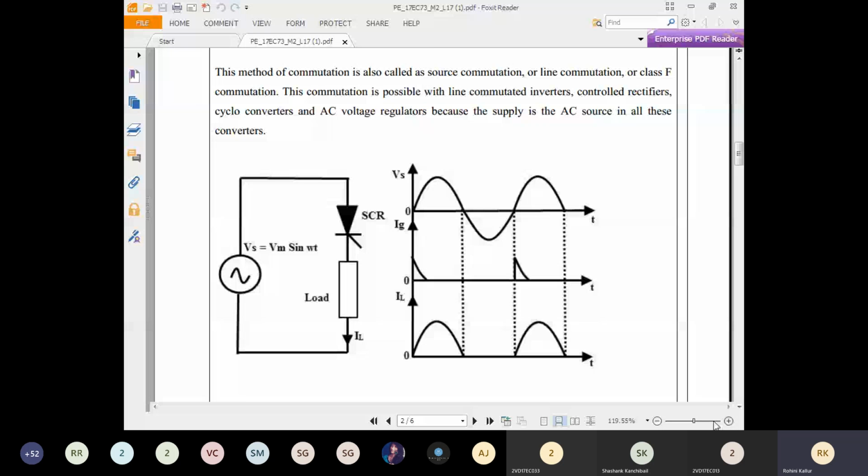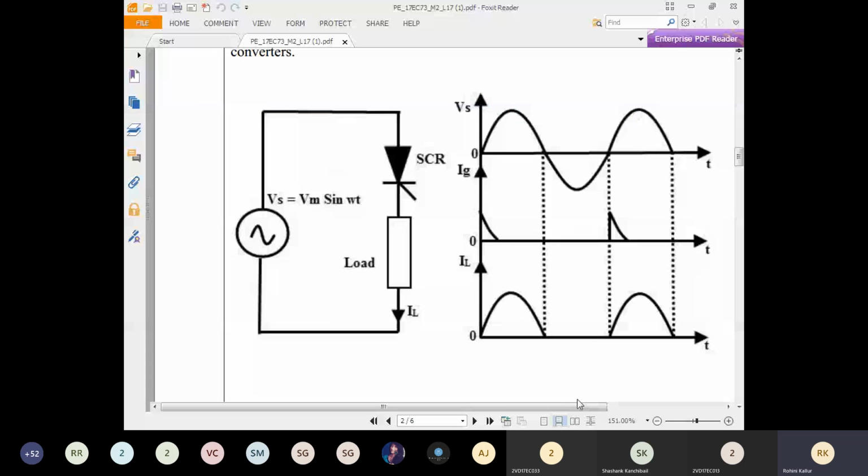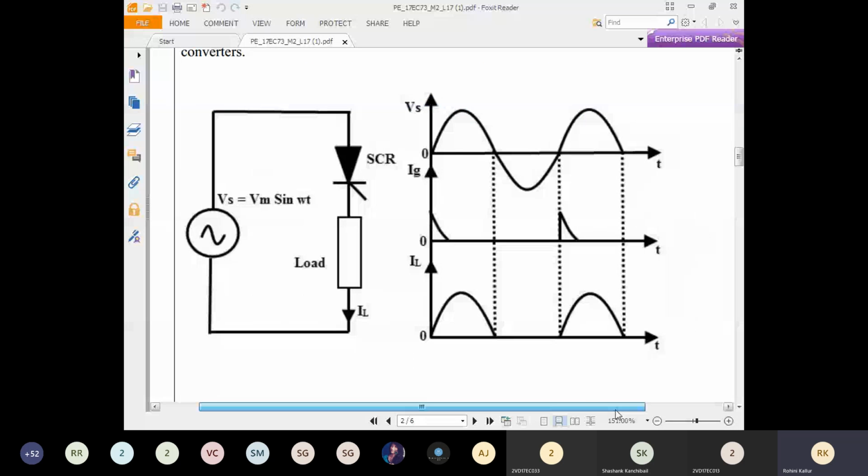So we'll discuss natural commutation with this particular circuitry and this waveform. We have applied a sinusoidal signal. Assume that this is the secondary of the transformer and we are getting Vs equal to Vm sin omega t. So Vm sin omega t is the voltage applied across the transformer, and the same input voltage will be applied to the SCR.